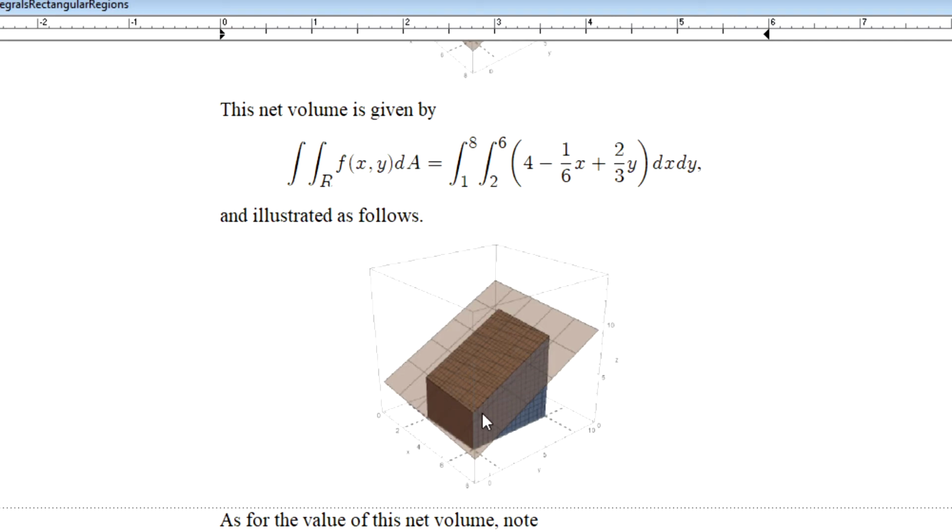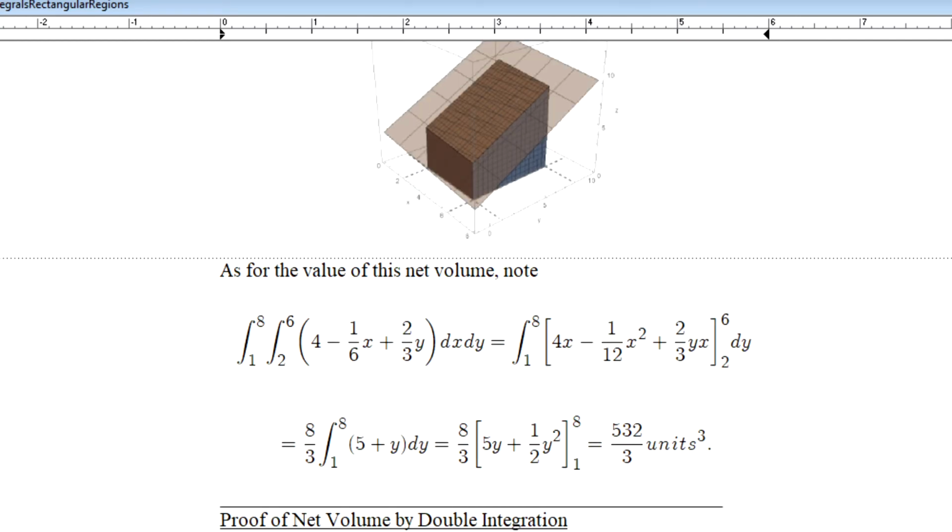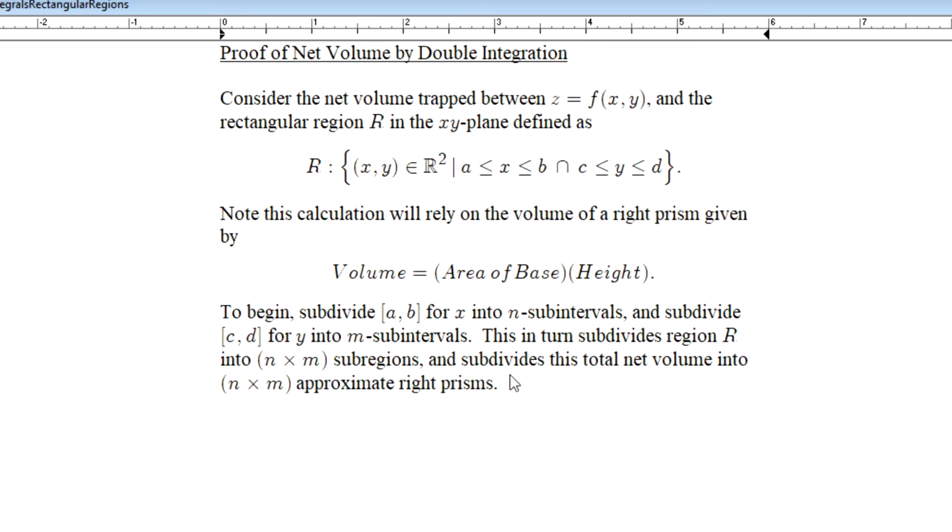It's going to subdivide that into what we might say are n times m sub prisms, or subregions of space. What do I say here? Then it subdivides the total net volume into n times m approximate right prisms.